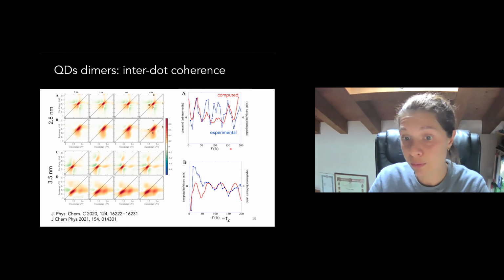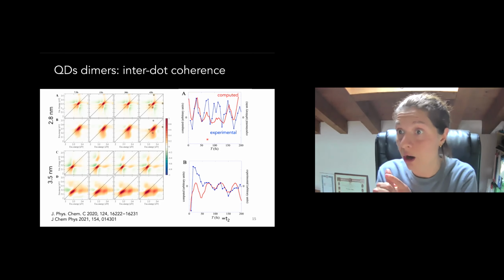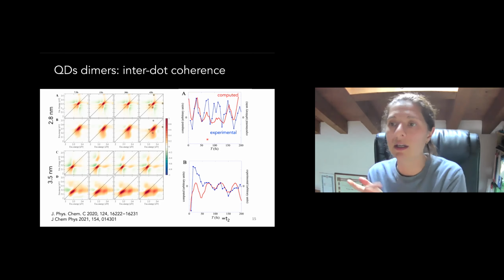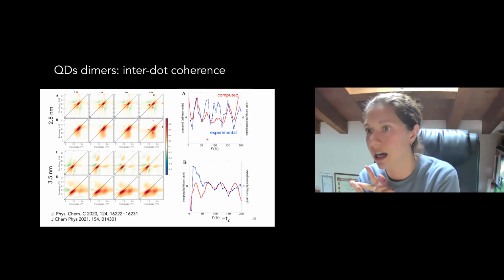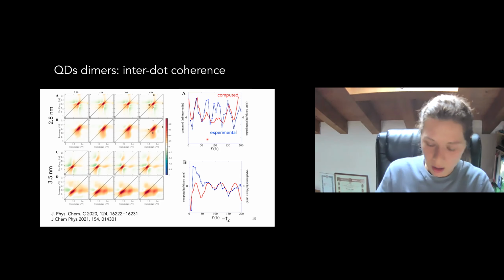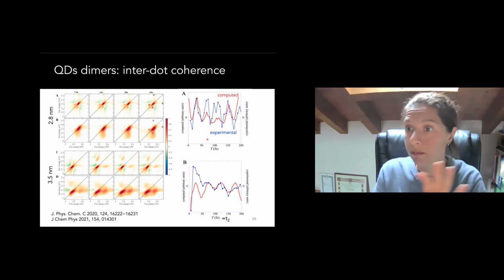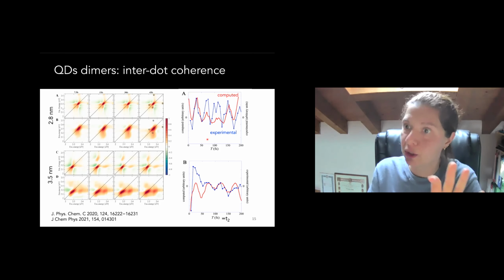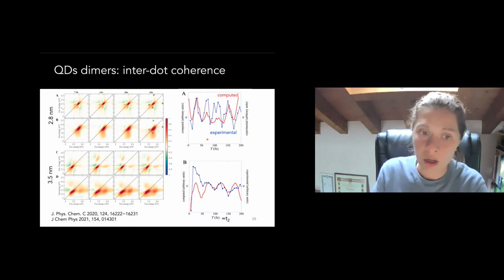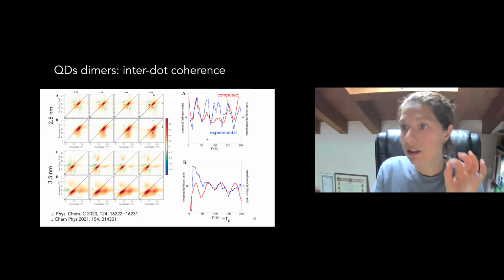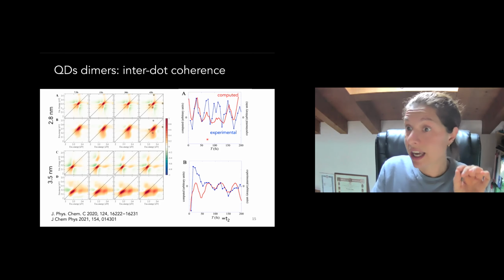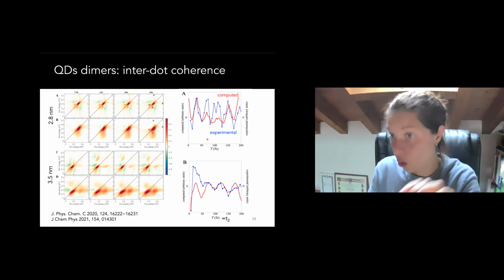As you can see, for both samples, for both sizes, there is a pretty good match between experiment and simulation in terms of frequency of the beating, phase of the beating, and time behavior, the dephasing time of these beatings. This good comparison between experiment and simulation also allowed us to identify the states involved in these coherences.